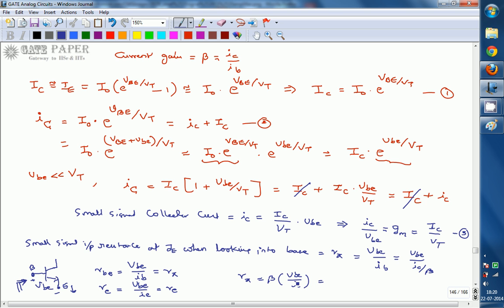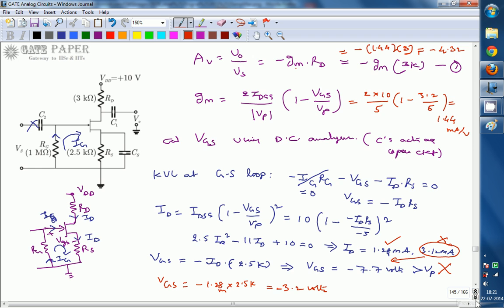VBE divided by IC is nothing but 1 by GM from the third equation. So R pi is beta into 1 by GM. From this one, beta is the current gain of BJT, that is GM into R pi. So this is the required equation. Current gain of a BJT is nothing but GM into R pi.